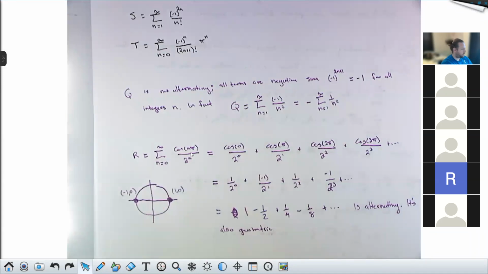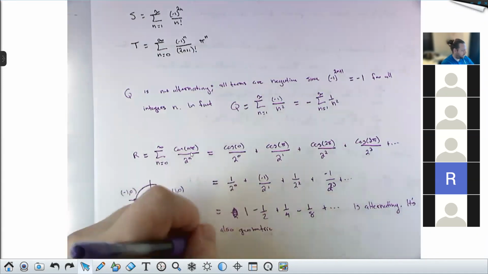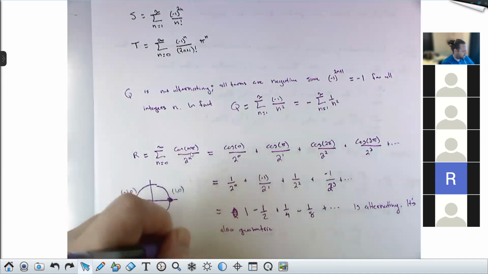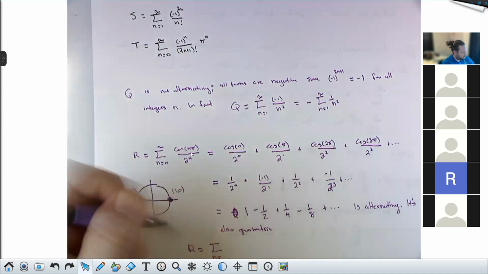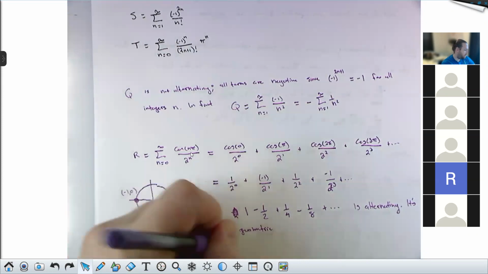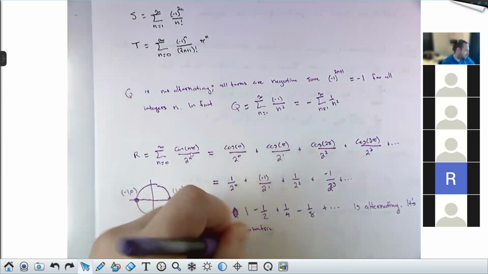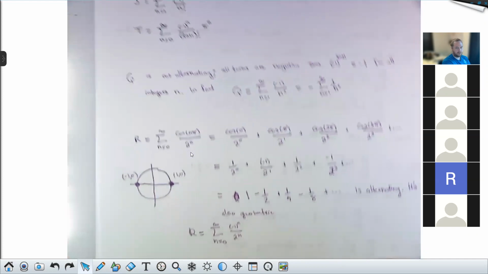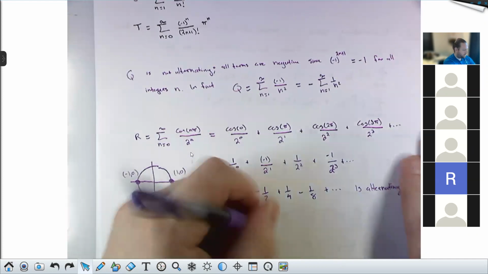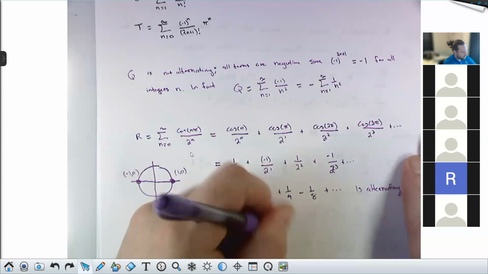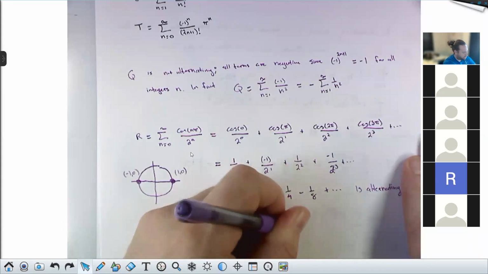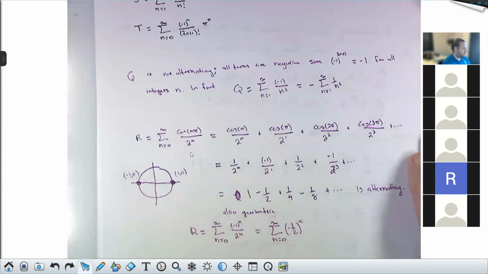All right, I could rewrite this. R equals sigma n from 0 to infinity, -1 to the n over 2 to the n, which is the same as sigma n from 0 to infinity, -1/2 to the n.